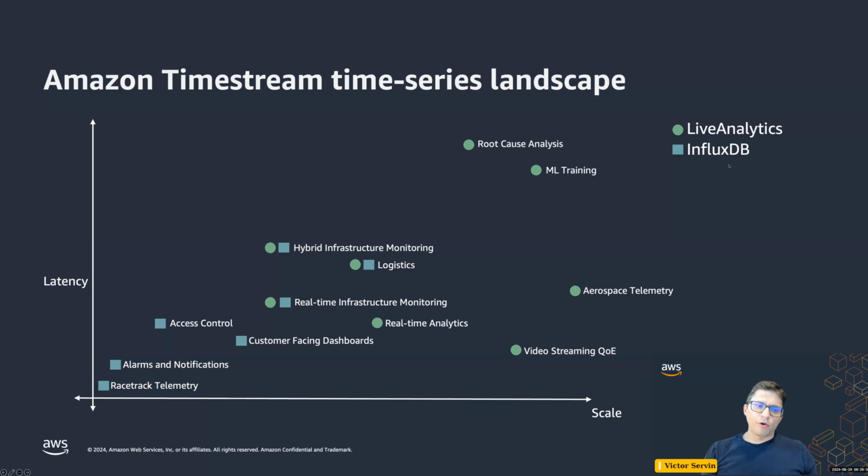Why is real-time important? Because you need to start the chain that will eventually do some change on the infrastructure as fast as you can. So we talk with a lot of these customers and they tell us, yeah, I need it to be lower than 50 milliseconds because A, B, C, or D, right? So you know your use cases, you know your needs.